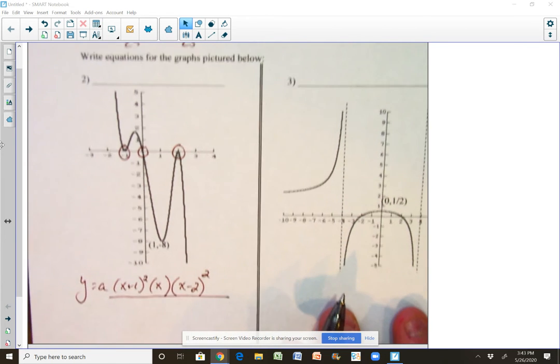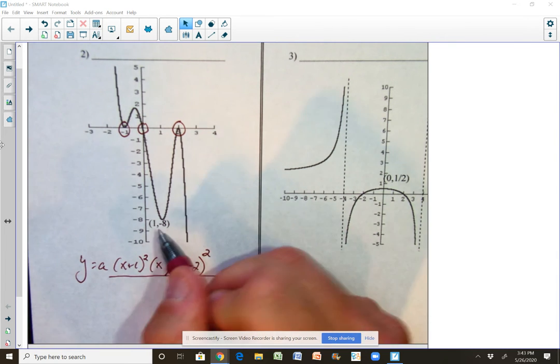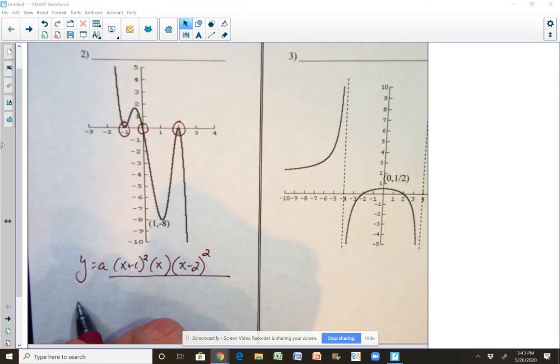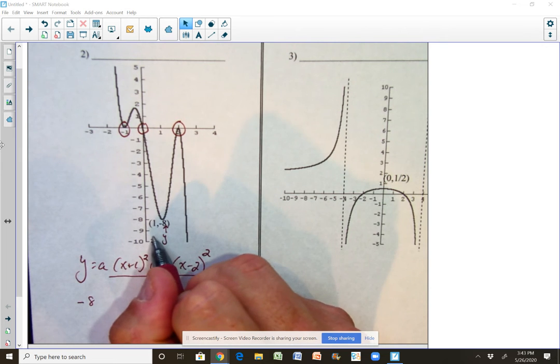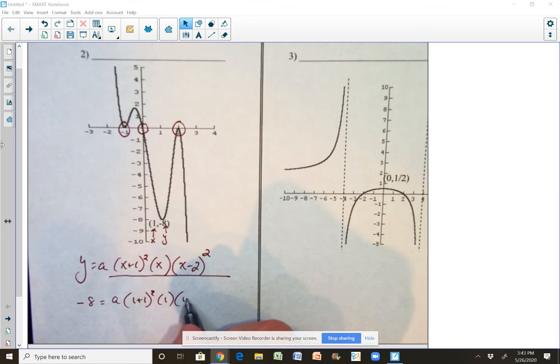So we start out with that as our setup, and we're going to now substitute in another coordinate as best we can to work through the different values. So notice that it gives us this coordinate of 1 comma negative 8. So we go ahead and plug in negative 8 for the y value and 1 for x. We get a times 1 plus 1 squared times 1 minus 2 squared.